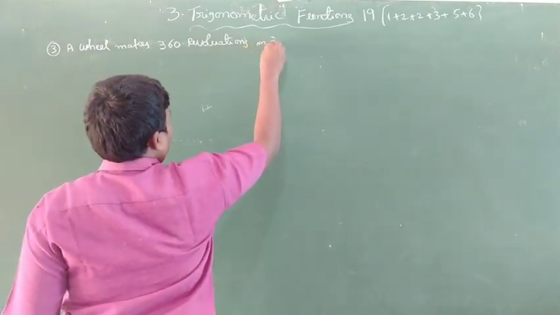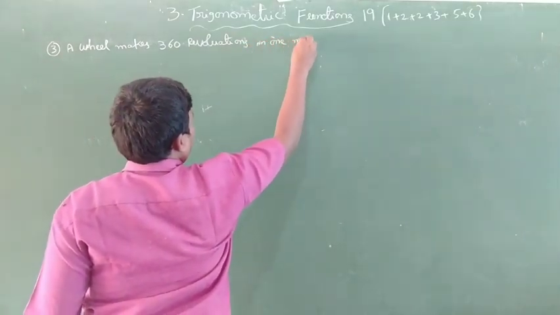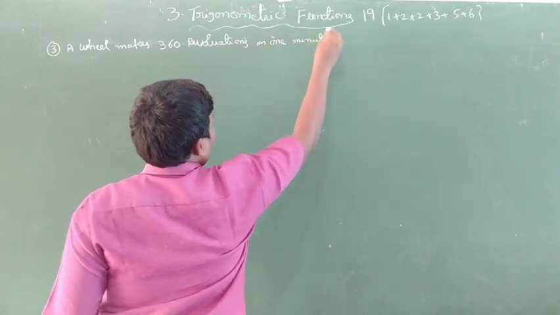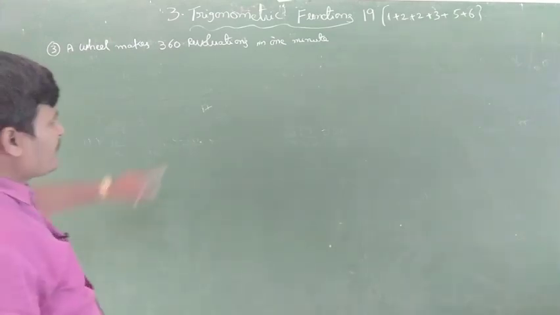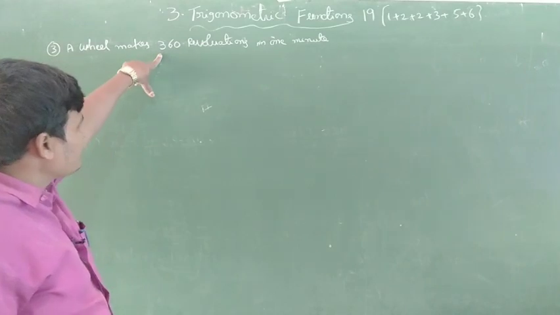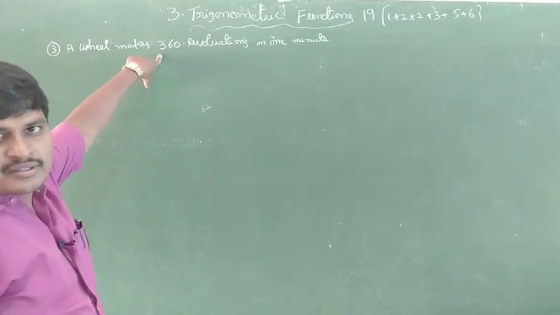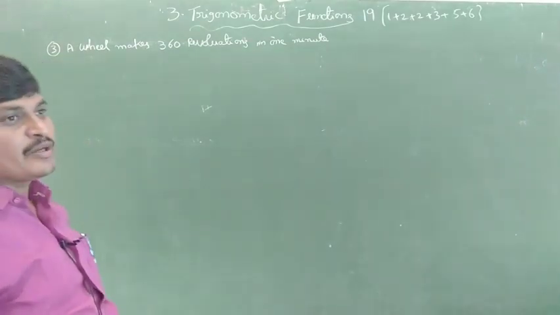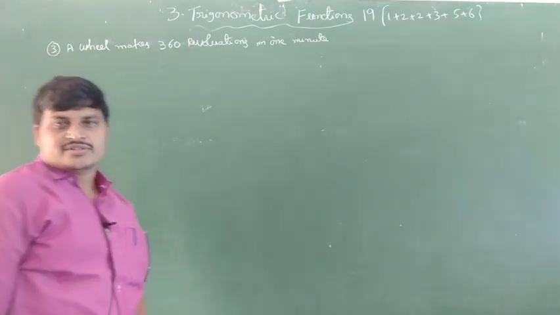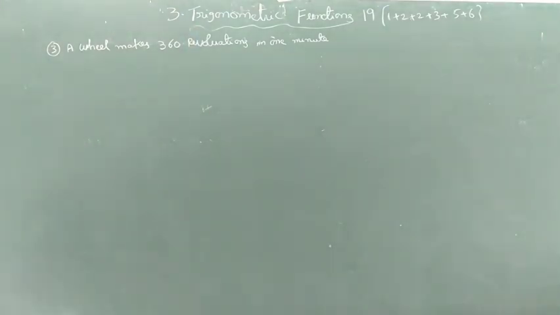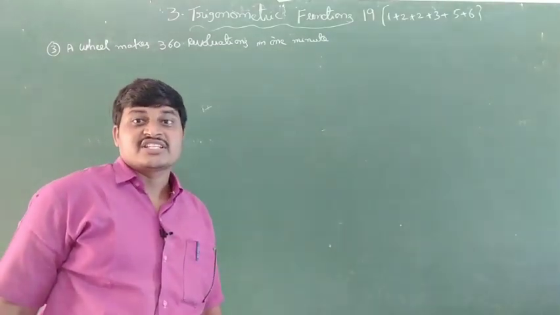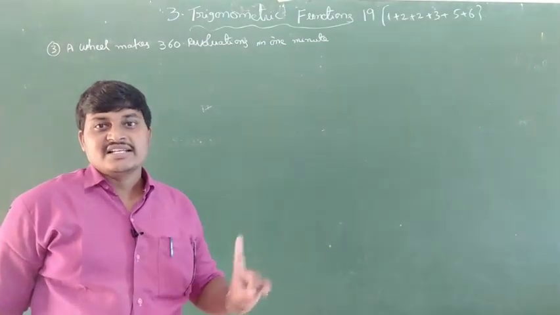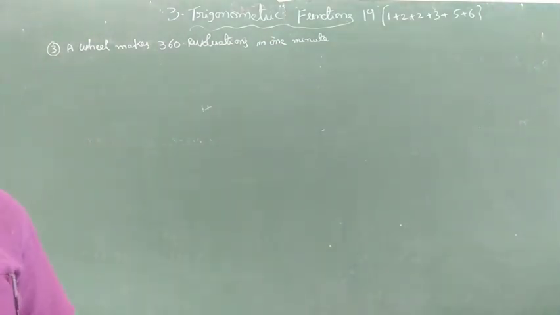In 1 minute, how many revolutions? 360 revolutions. In 1 second, how many revolutions? 6 revolutions.